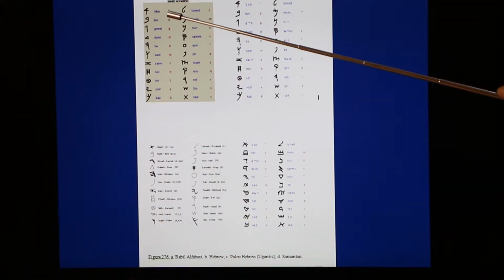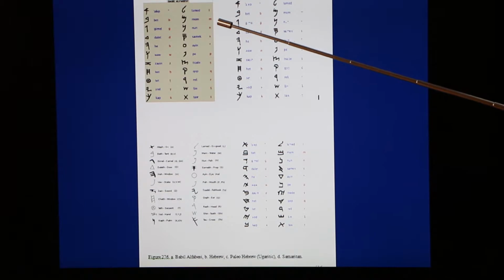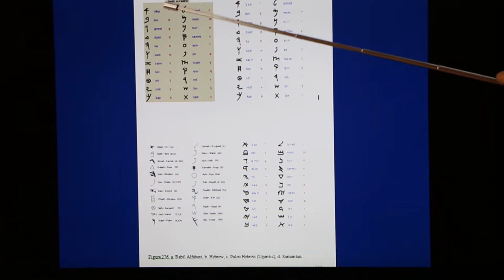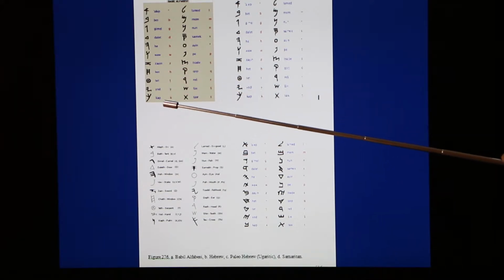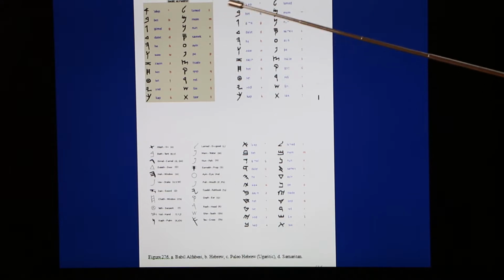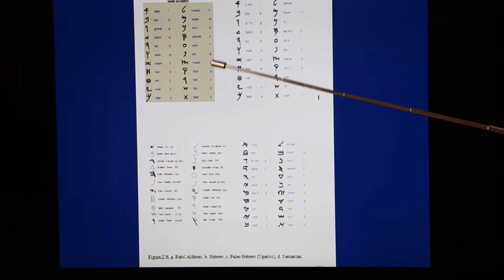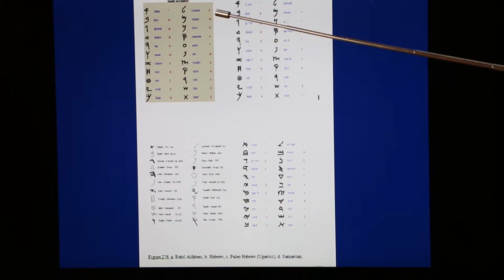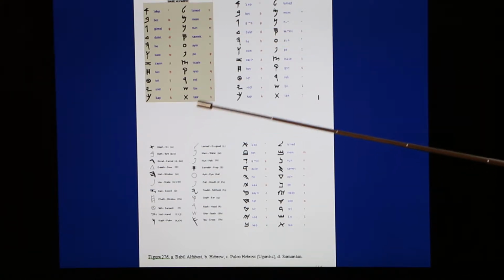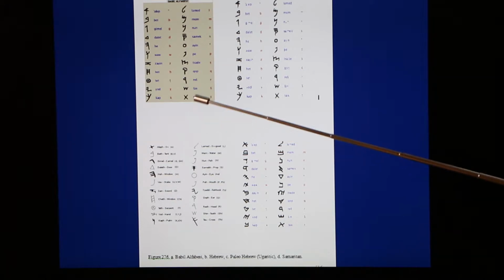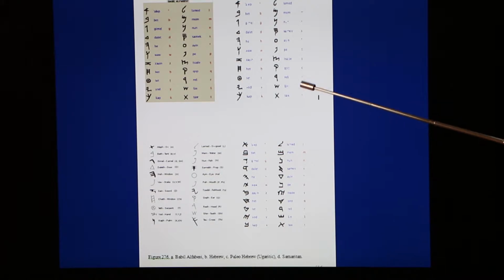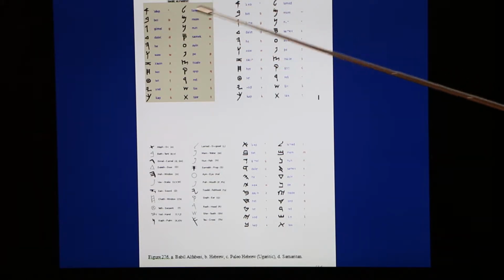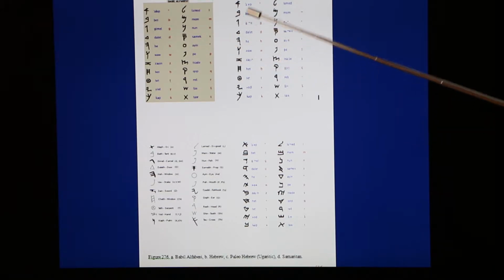I start with A, and then the second column I start with L. And so this becomes A, B, G, D, H, W, Y, H, T, Y, K. And this becomes L, M, N, S, and so on. So this is the Babylonian alphabet, which was developed in Babylon. This is Hebrew.